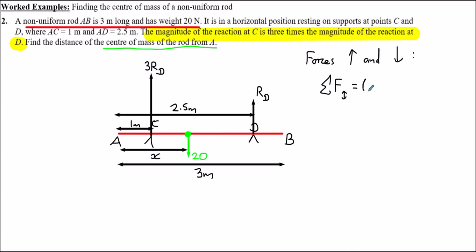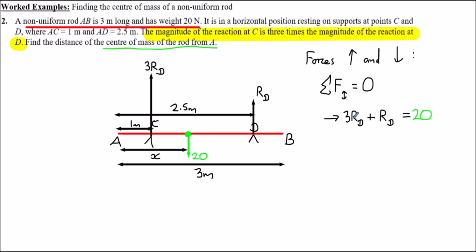There's no net force up or down. So in other words, this reaction here at C, which is 3 times the reaction at D, as the question said, plus the reaction at D itself, those are the only forces acting up, they will be equal in magnitude to the forces acting down, and the only force acting down is just the weight of this rod, which is 20.